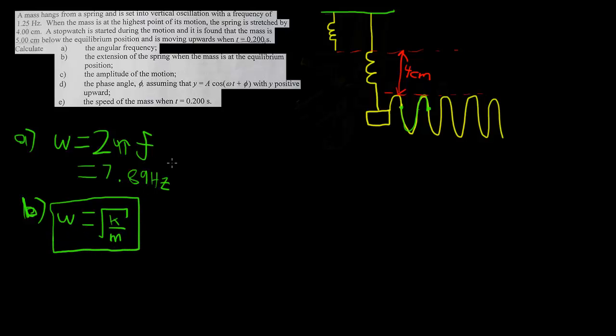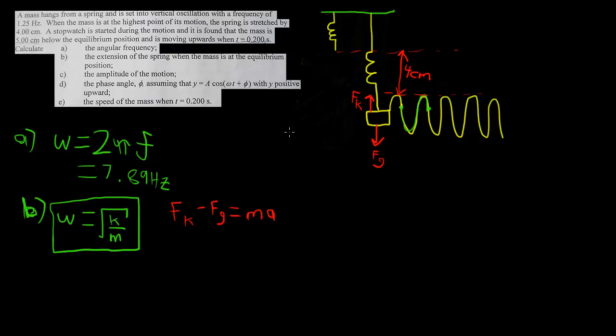At the equilibrium position, going back to our picture, we have two forces: gravity pulling down, and the spring pulling it up, which we'll call Fk. If we analyze this free body diagram, saying up is positive, then Fk minus Fg equals ma.